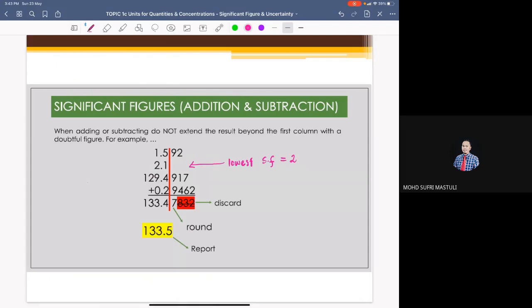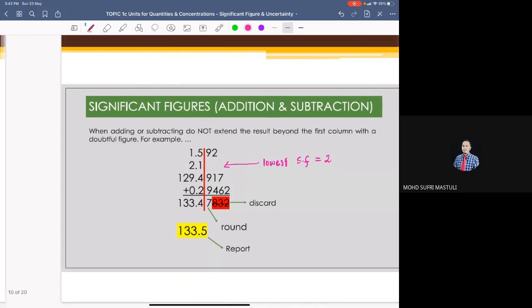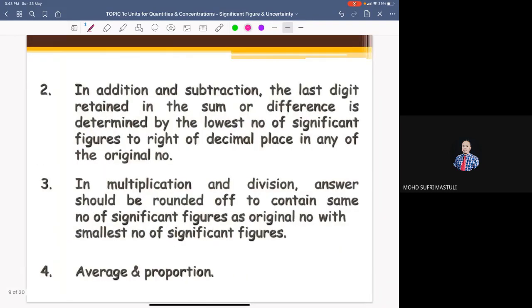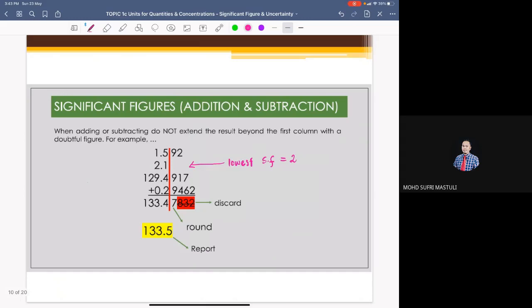The last digit should be written according to the lowest significant figure.